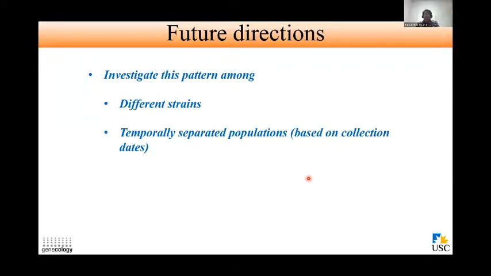I would be doing similar things in different strains of SARS-CoV-2, because we have like 40, 50,000 genomes available now, and also compare whether a similar pattern can be found in populations of viruses that are temporally separated, the viruses that were collected at different time points. So I think that's about it. I'm happy to take questions. Thank you, everyone.